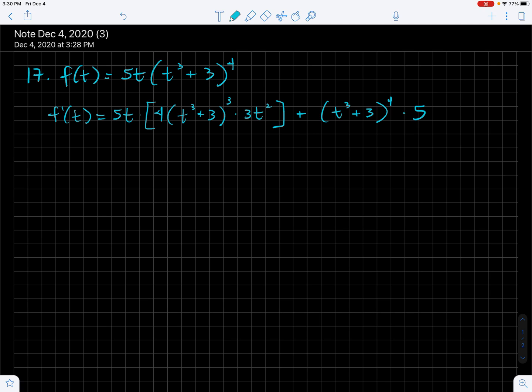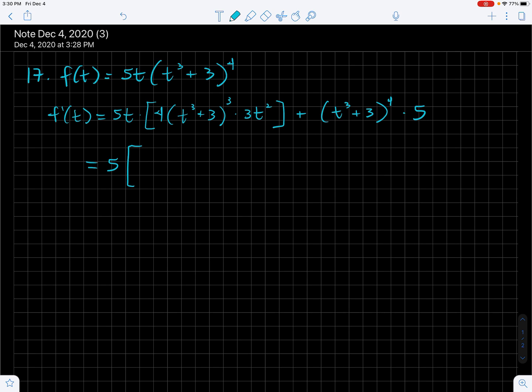Okay, so we have a sum of two products right now, so why don't we multiply out this first product, and I'm already seeing that both products have a 5 that we'll be able to factor out. So maybe I should just factor that 5 out now. Yeah, I'm going to factor the 5 out now.